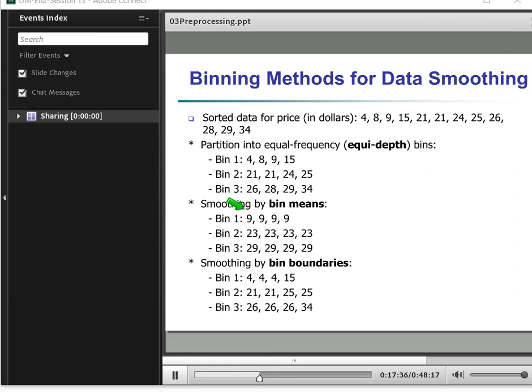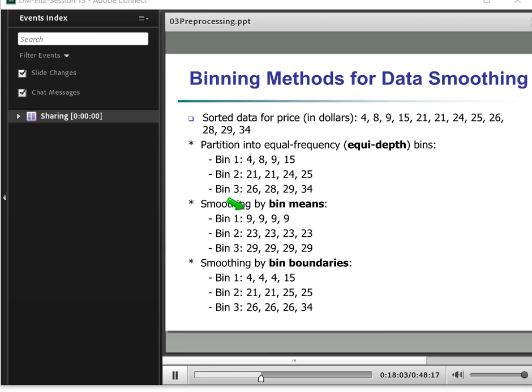For example, one technique of smoothing is to find the mean value of data in each bin and then replace all values in that bin with the mean value.